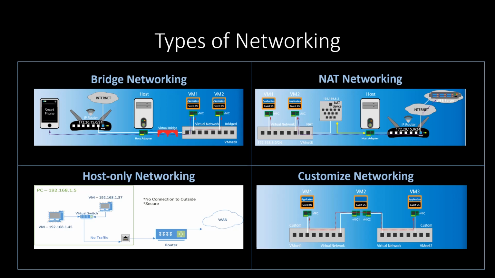When you install Workstation Pro on a Windows or Linux host system, a NAT network, that is VMnet8, is set up for you. When you use the New Virtual Machine wizard and select the typical configuration type, the wizard configures the virtual machine to use the default NAT network. You can have only one NAT network.